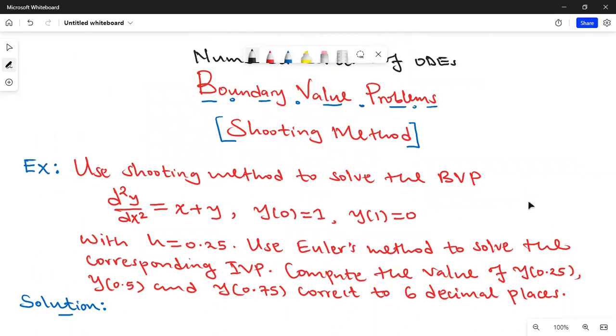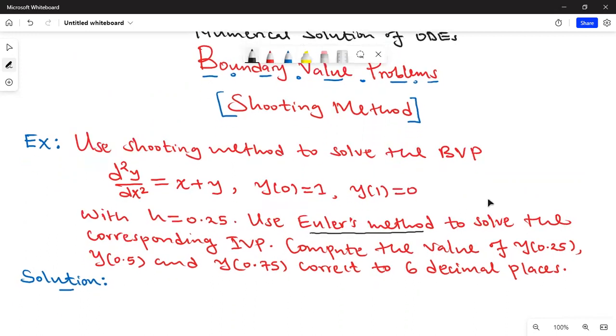That is, you can use either the Taylor series method, Euler's method, modified Euler's method, or the Runge-Kutta method. Those are the various methods of solving initial value problems. So for this case, we have been told to use Euler's method.